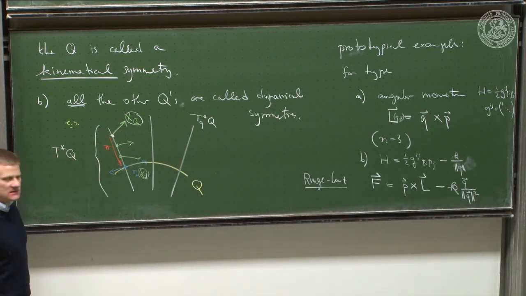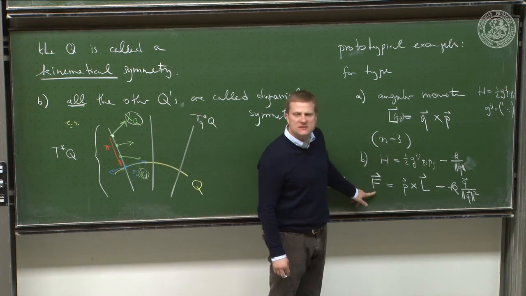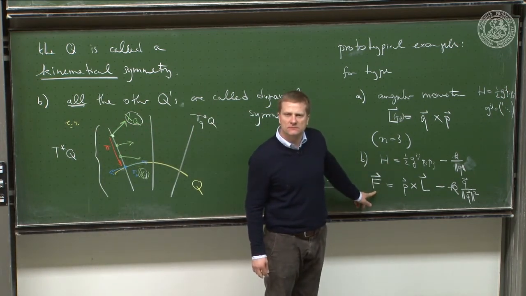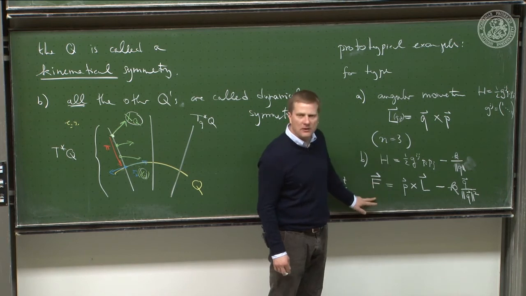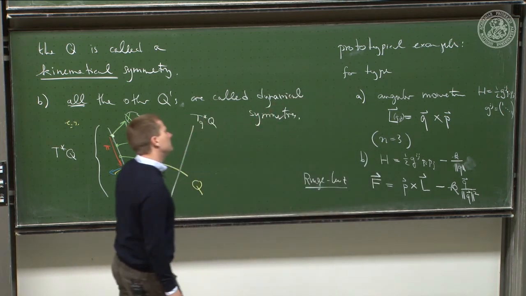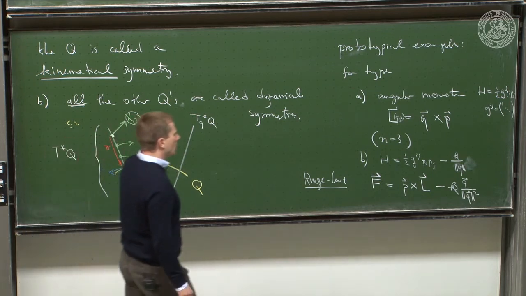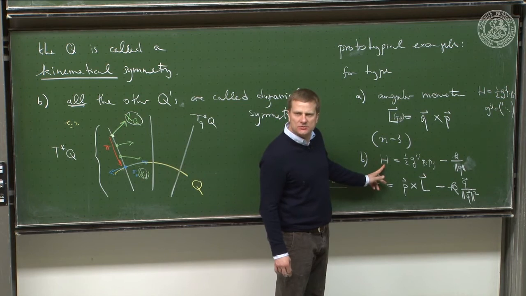This is the Runge-Lenz vector. One can check that for this Hamiltonian, each of these components is conserved. Okay? And that's an additional SO3 symmetry, at least for bound states, of this theory, but it's not a kinematical symmetry.